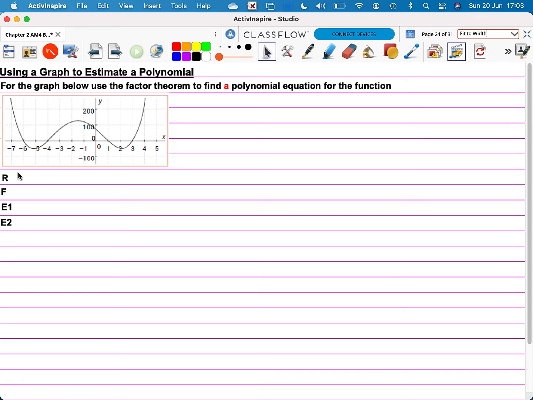You have to remember that in this particular problem you always look at the roots first, and the roots are where it meets or crosses the x-axis. It cuts the x-axis at -6, cuts at -4, cuts at 1, and it cuts at 3.